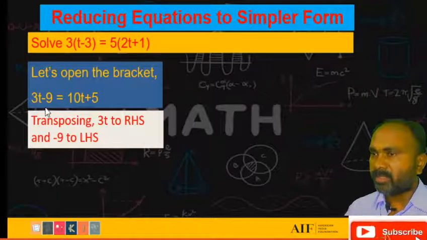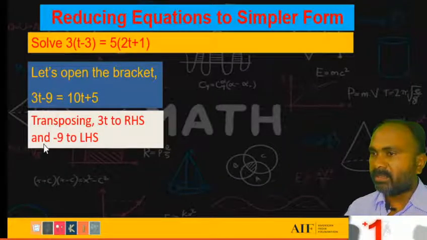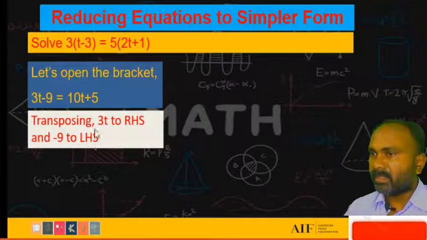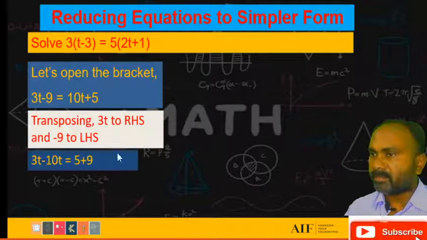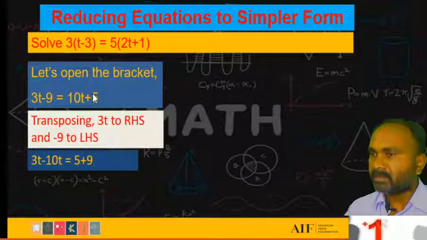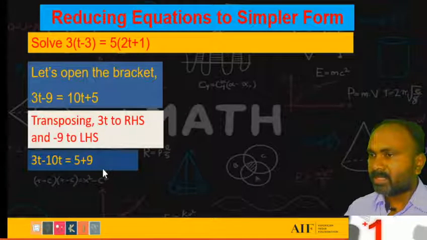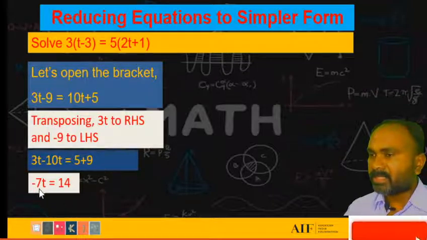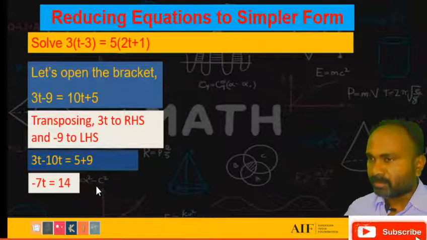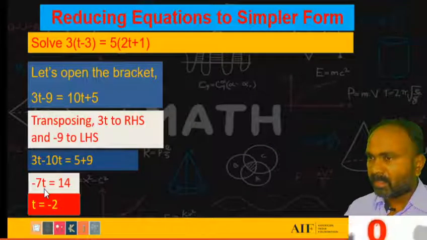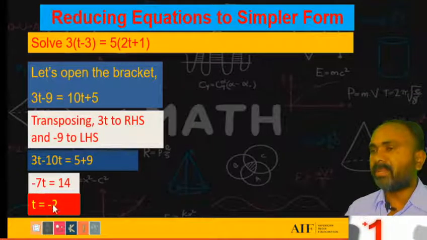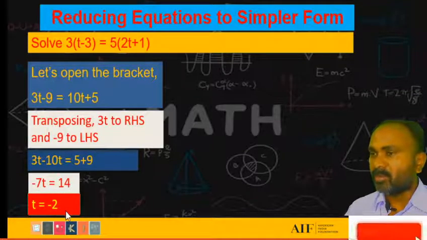Next, transposing 3t and minus 9: one goes to the left-hand side and the other to the right-hand side. So 3t minus 10t equals 5 plus 9. So minus 7t equals 14. So t is equal to 14 by minus 7. 7 twos are 14, so minus 2 is the answer.